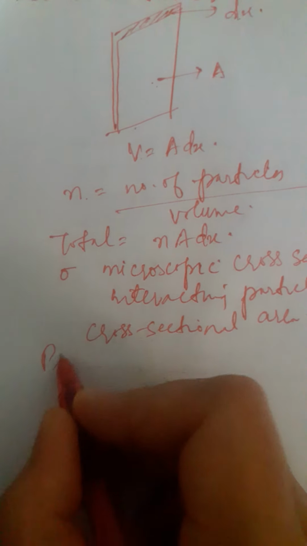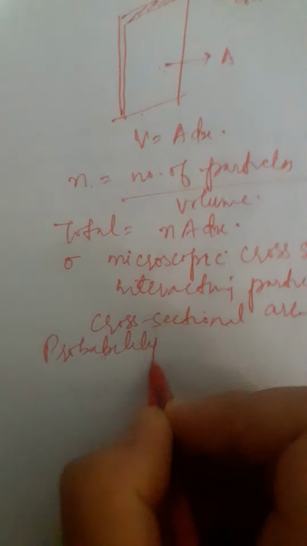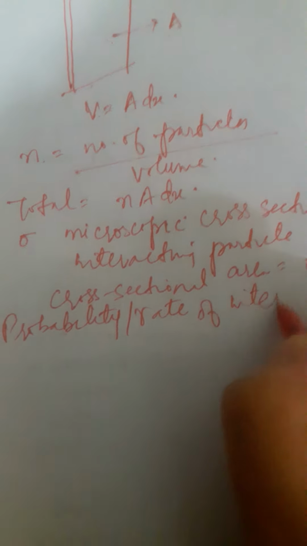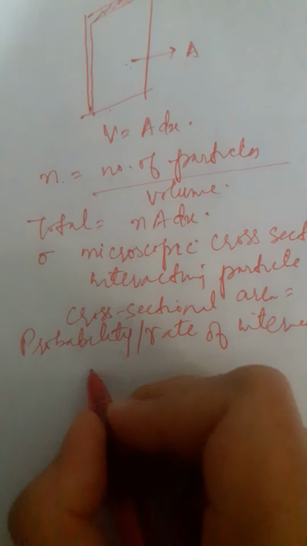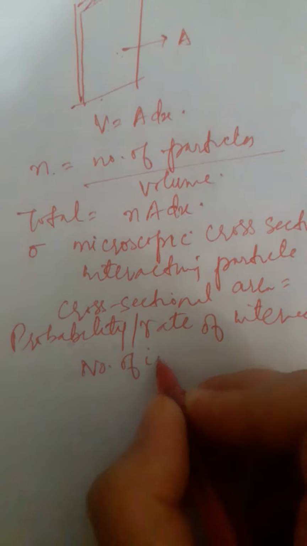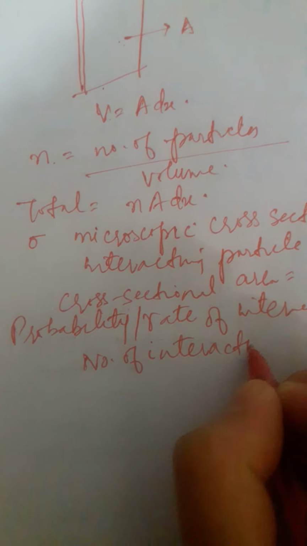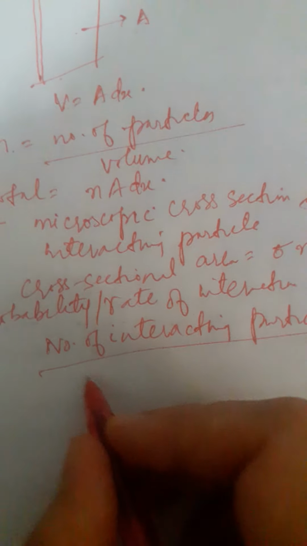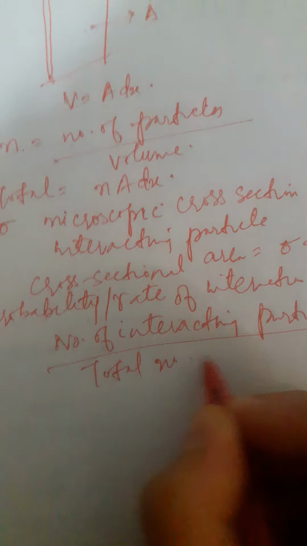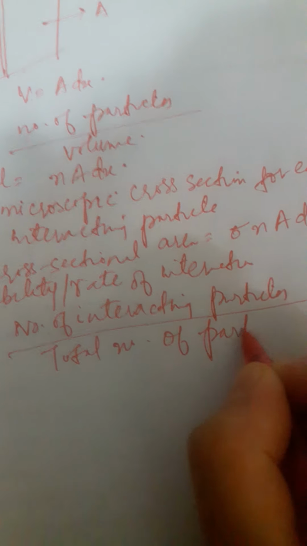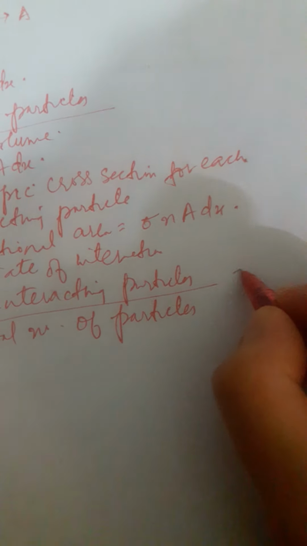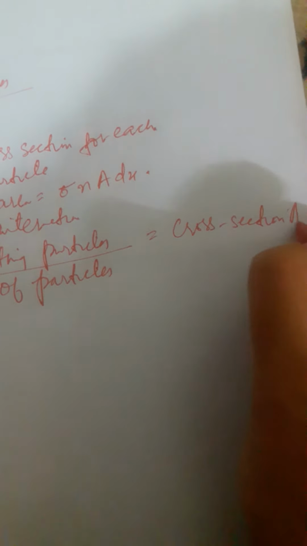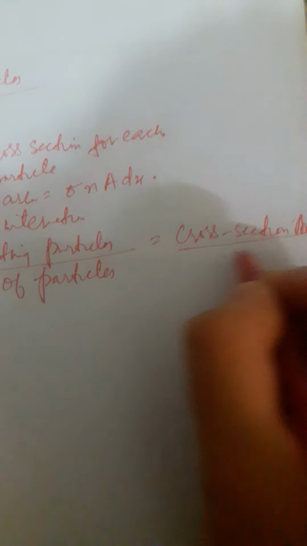Now what is the probability of interaction? Probability or rate of interaction will obviously be given by the number of interacting particles by the total number of particles, which is equivalent to the cross sectional area by the total area.